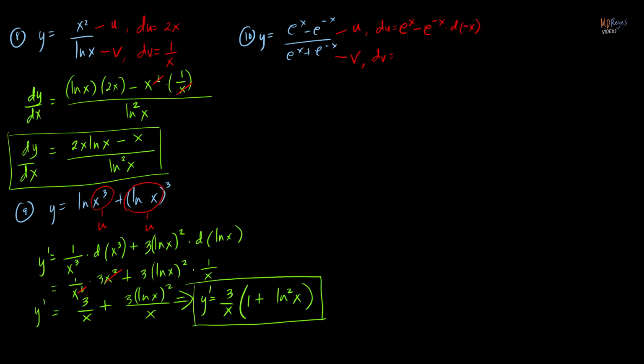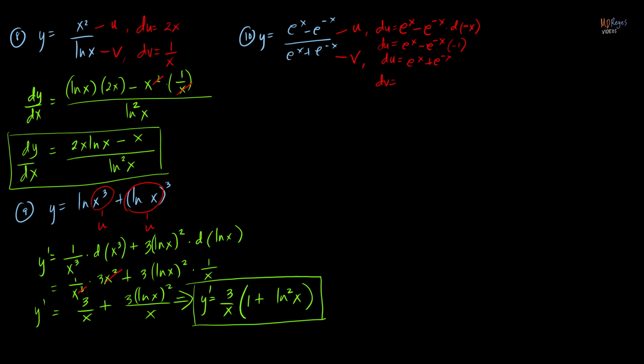So du is just e to the x minus e to the negative x times the derivative of negative x, which is negative 1. So when we simplify that, we'll simply get du equals e to the x plus e to the negative x.